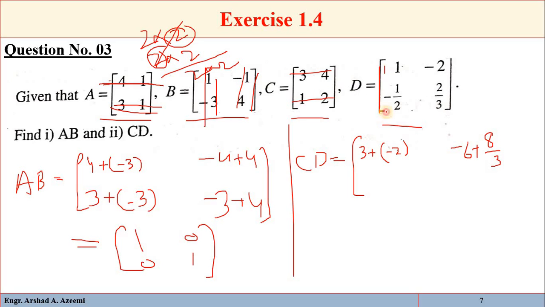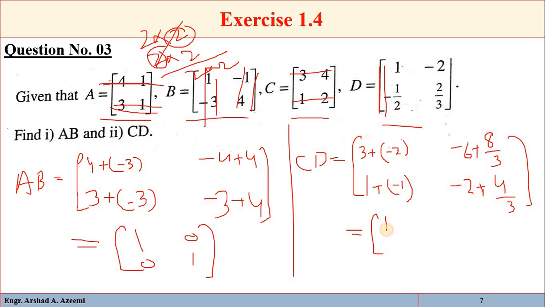Now this row multiplied with this column, so 1 multiplied by 1, plus 2 multiplied by minus 1 over 2, so it will be minus 1. 1 multiplied by minus 2, it is minus 2, plus 2 multiplied by 2 by 3, so it will be 4 by 3. Okay, now just simplify it.